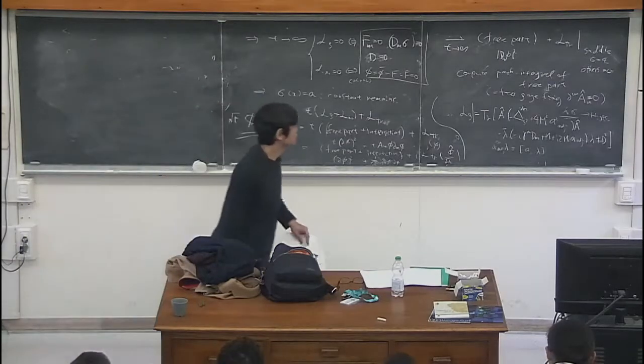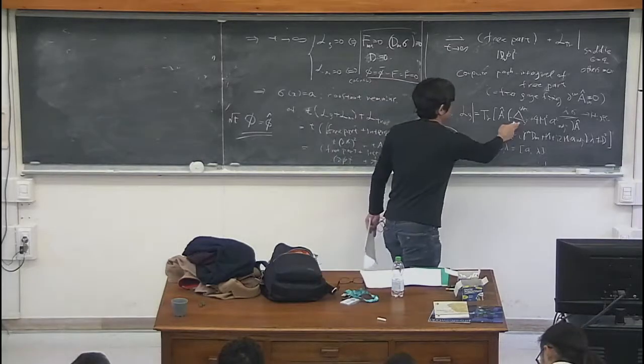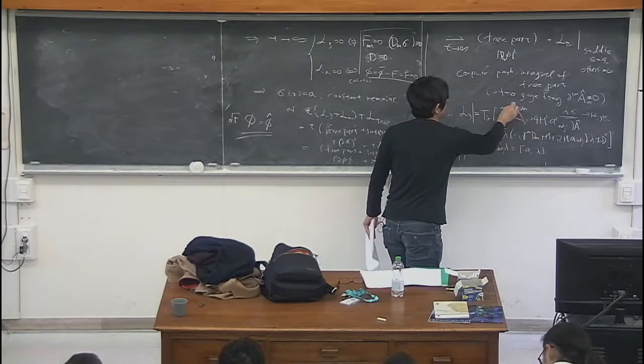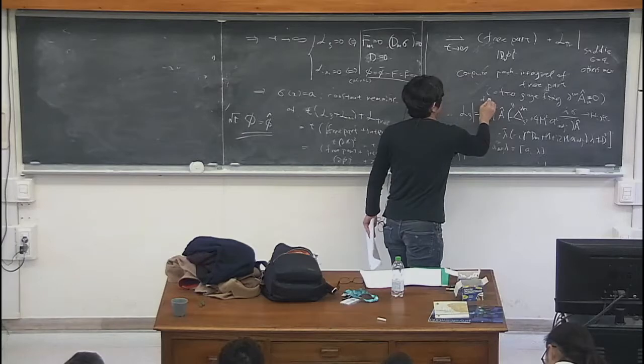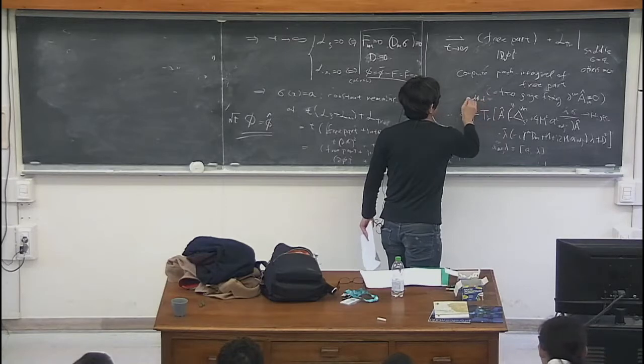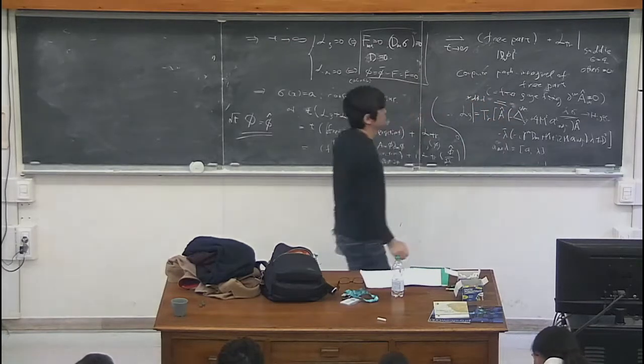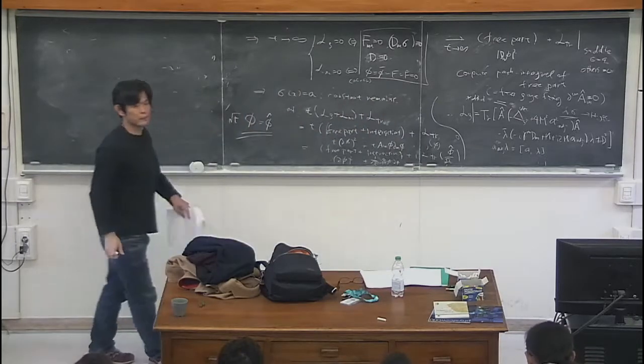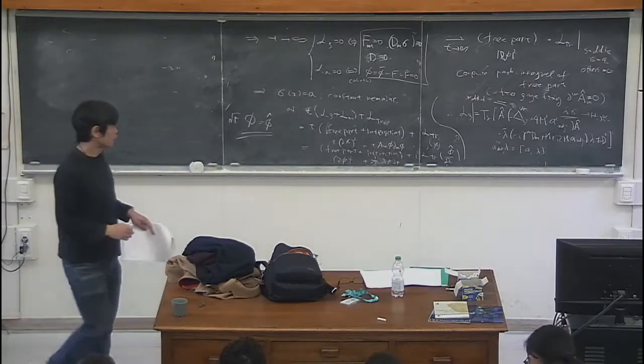Okay, this is a Laplacian for the A hat, and this is something like D star D. Sorry, D star. It's the kinetic part of the D. Okay, it's clear.